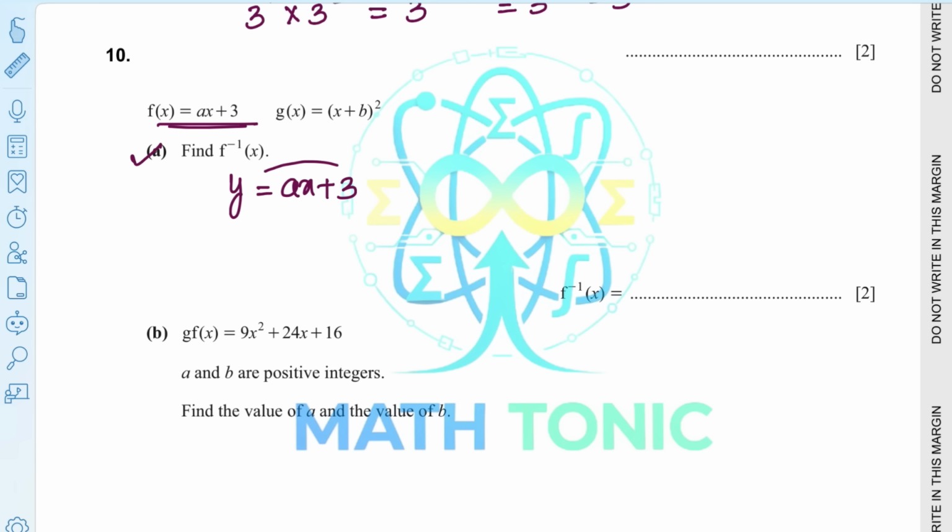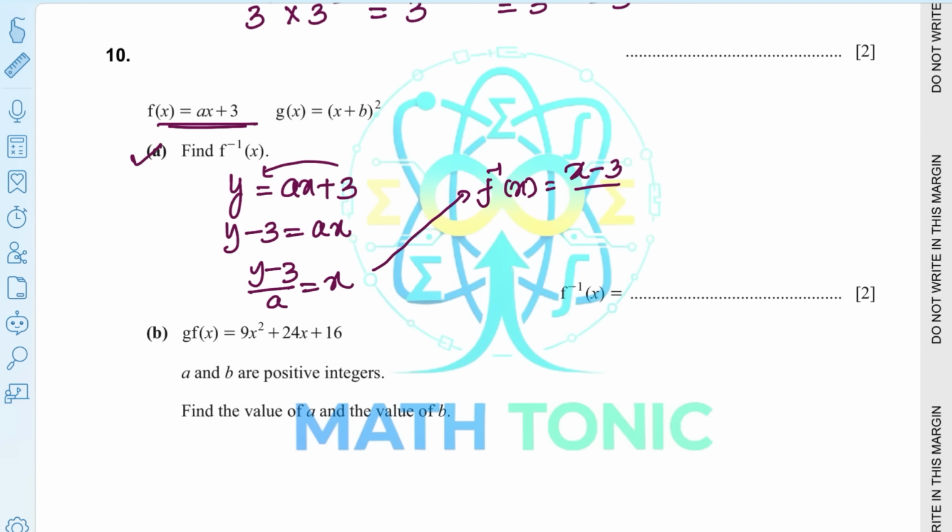If I move this, we get y minus 3 equals ax, right? So divide by a on both sides, so y minus 3 over a equals x. Now after you do this, in the result, replace y by x. So your answer for f inverse of x, in place of y, write x. So (x minus 3) over a is the inverse function of this question.